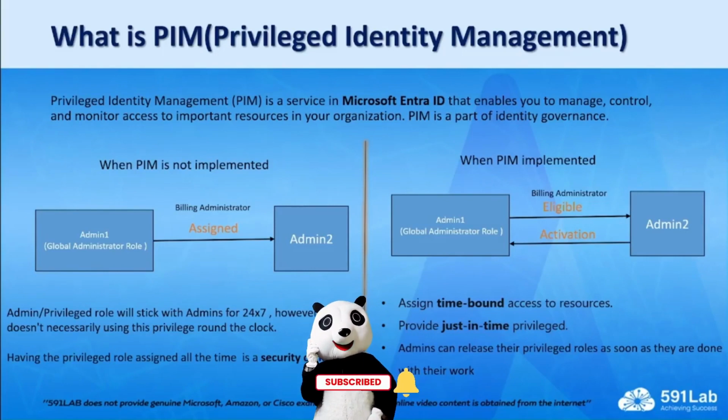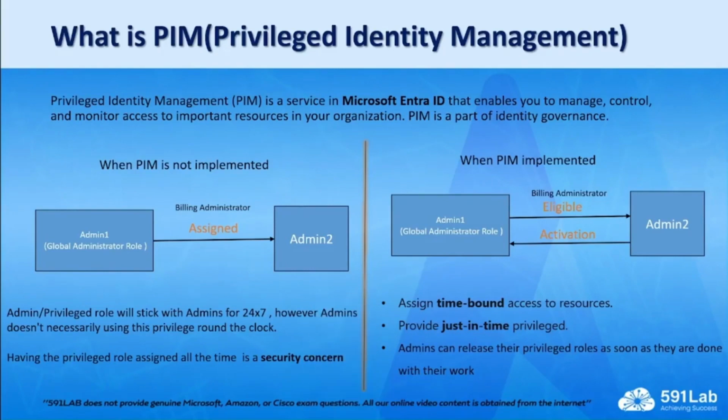So for example, if admin 2 wants to do any admin work where he needs billing administrator role, then he sends the activation request and mentions for how long he is going to need that role. Once it is approved, then only admin 2 is going to get the role. So it is basically providing time-bound access to the resources.